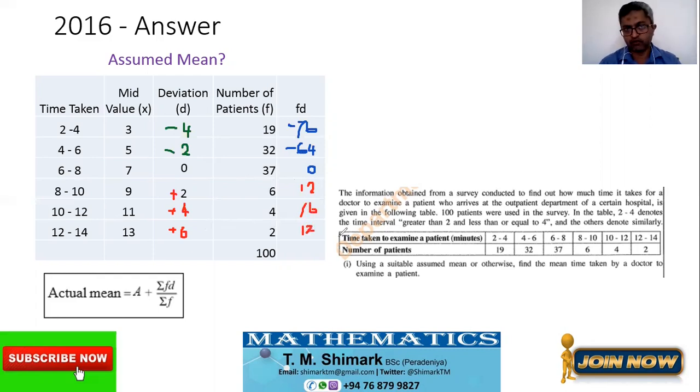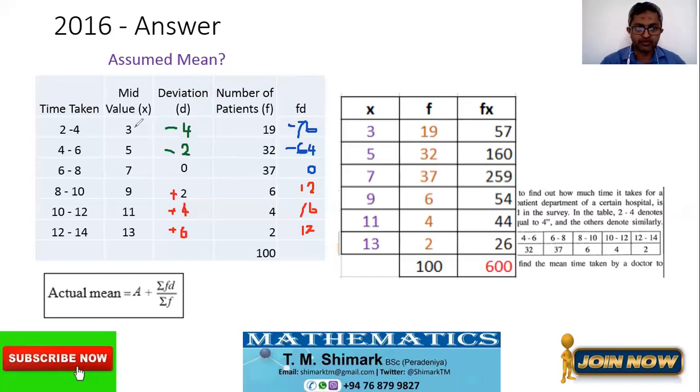One important thing I wanted to remind you is that in the previous method our calculation numbers were very big, the multiplications were big numbers. If we take this same one without taking the deviation, in the direct method, we would be multiplying 3 into 19, 5 into 32, 7 into 37, 9 into 6, 11 into 44, 30 into 2, and then getting the fx values.